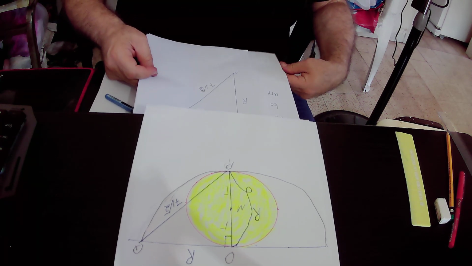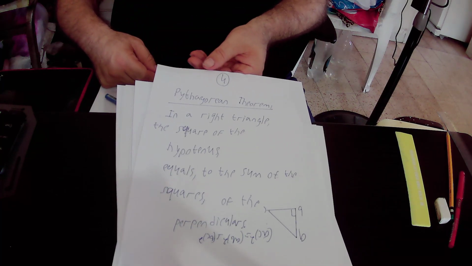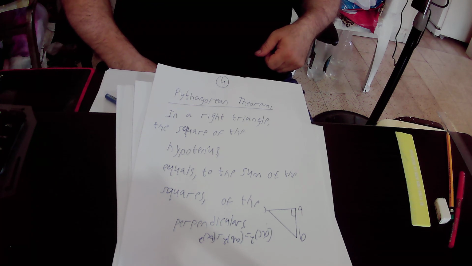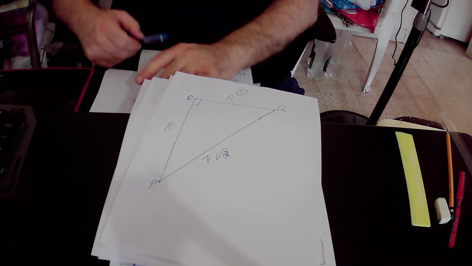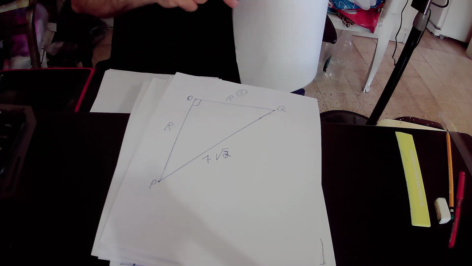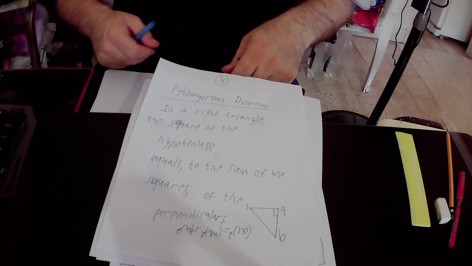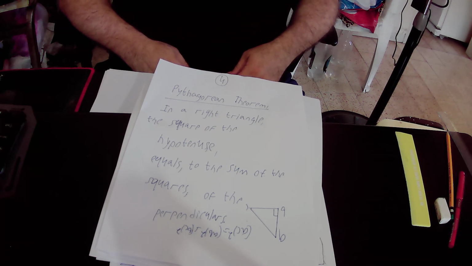apply the Pythagorean theorem in this right triangle, and the Pythagorean theorem states that in a right triangle, the square of the hypotenuse equals the sum of the squares of the perpendiculars.